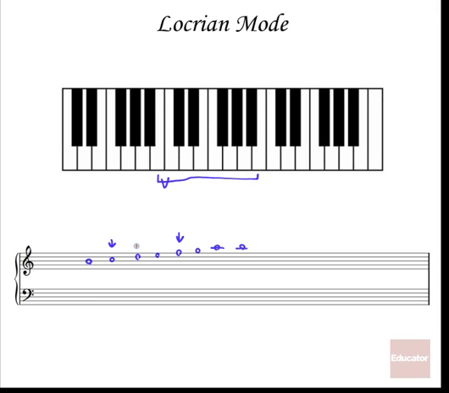I mean, you do see it used in modern music or certain kinds of world music, but in classical music and older music, it was not used because of this tritone between the 1st degree and the 5th degree. So the Locrian mode can be compared to a minor key, except that it has a lowered 2nd and a lowered 5th.